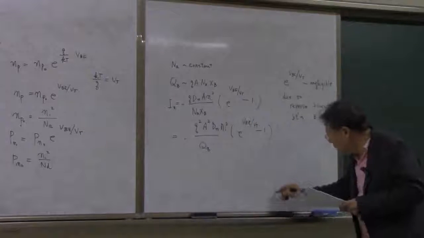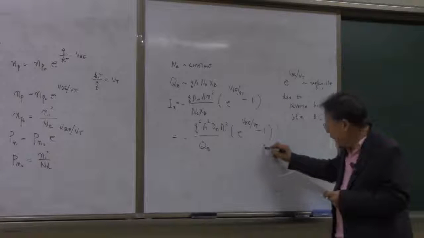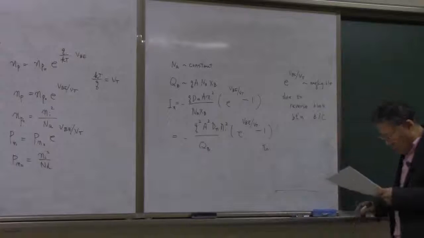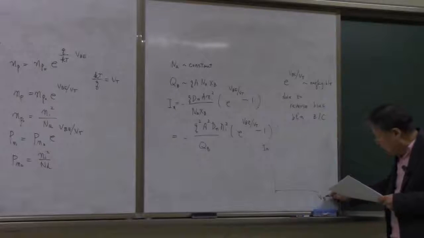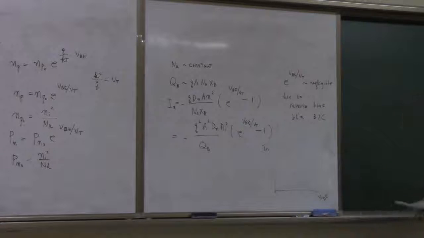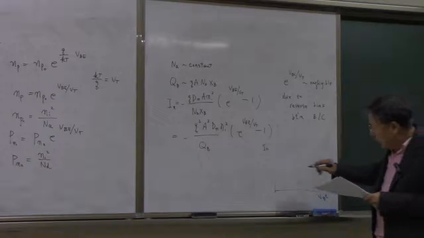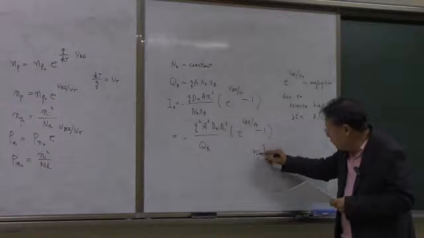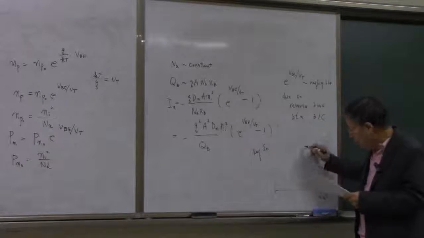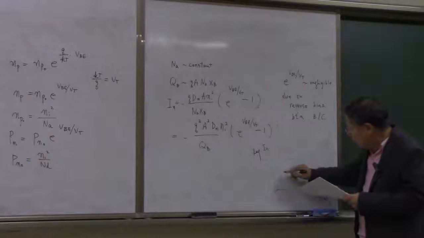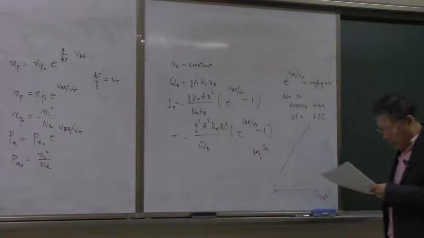So if you plot this, the IN with respect to VBE, the emitter voltage, then if you take a log IN, you're supposed to have a straight line, something like this, okay?